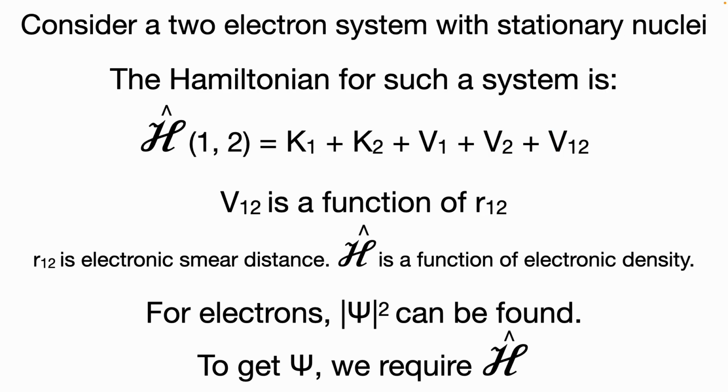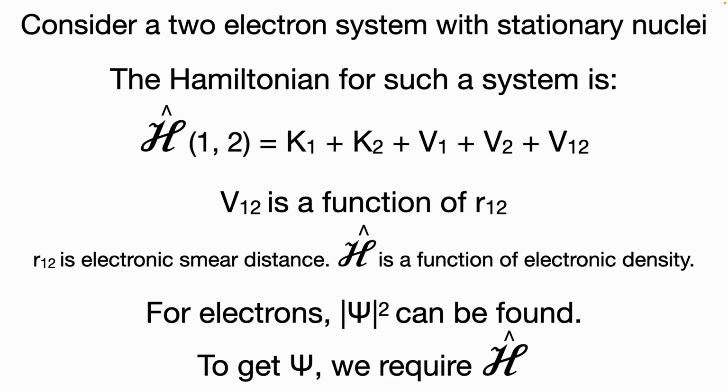Now electrons are quantum particles. The interaction between the smears can be used to find V12. And to get the smears, one can use the probability density of the electronic position. To get the probability density, what we can do is find the squared value of the absolute value of the wave function.